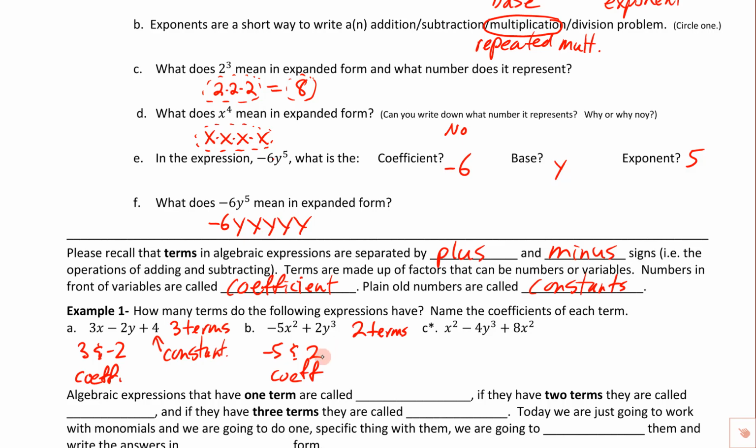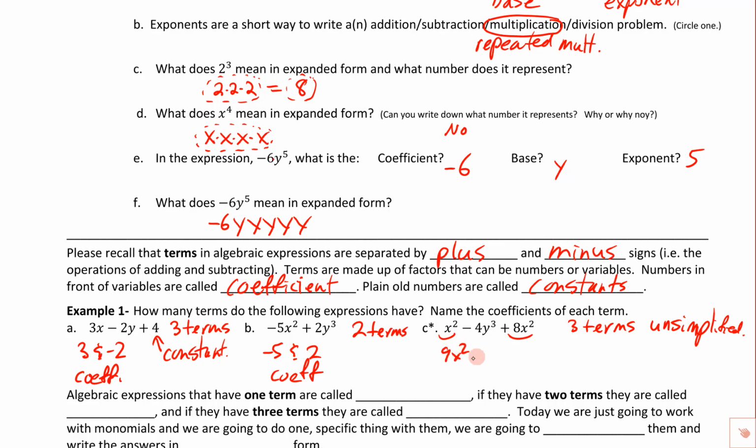old number there. And then if we look at this one, we've got three terms, but notice this has an x² right here and an x² right there. That means those are like terms and they could be combined. So I'm going to write down three terms unsimplified, and then if we were to combine those, I'm going to put the two of those together, that's going to be 1x² plus 8x².